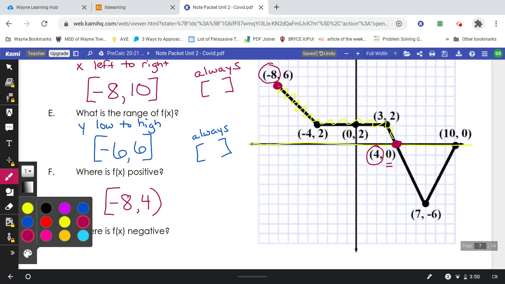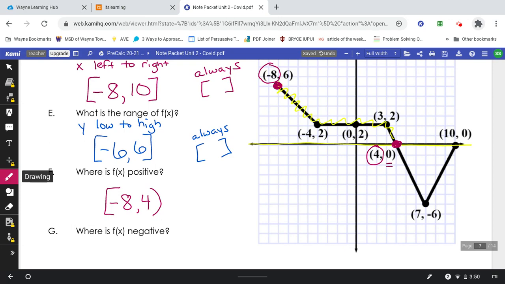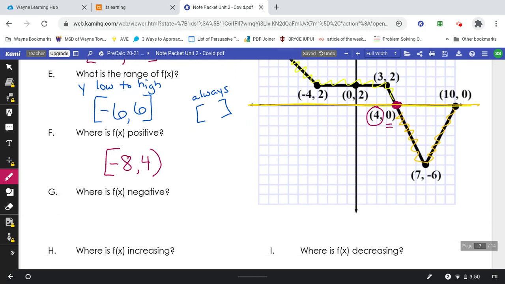Let's take a look at the negative section. So for the negative section, I'm looking at anything that is below this line. So this little part right here. Right? So I'm still going to use my x's on this one. In fact, the range is the only time you use the y's. The negative goes from 4 all the way till 10.